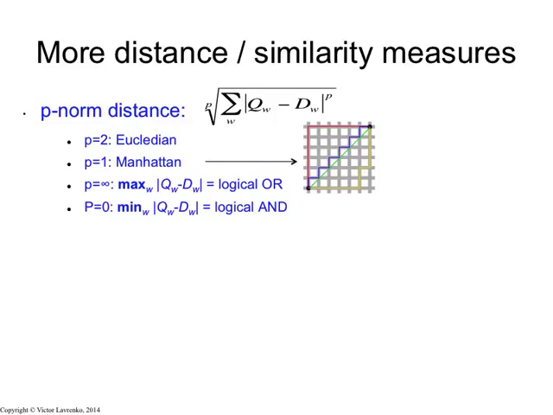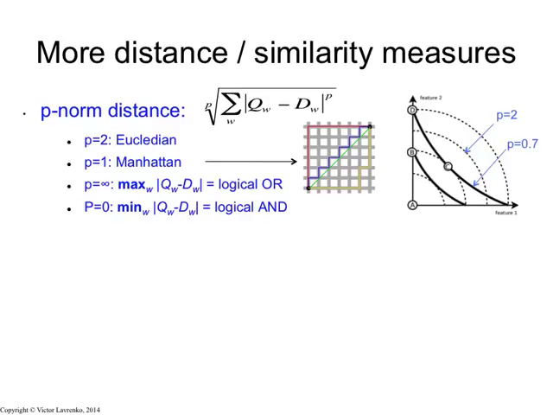You get a behavior that looks like the min, which is similar to how a logical AND behaves. As you set p to different values between 0 and infinity, you will get distance functions that have unusual behaviors that are not the same as the Euclidean distance. Let me give you an example.